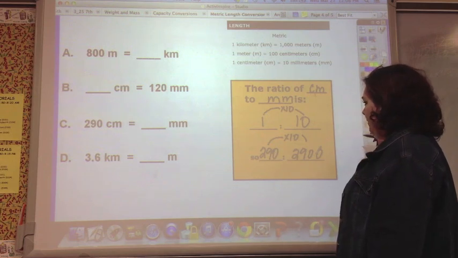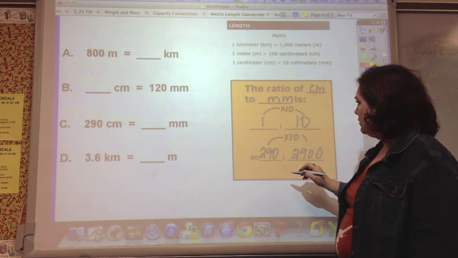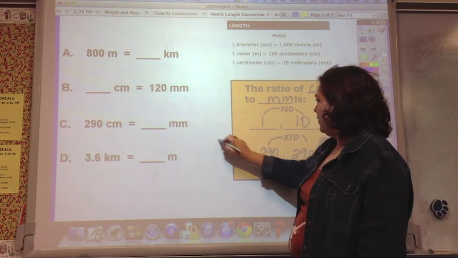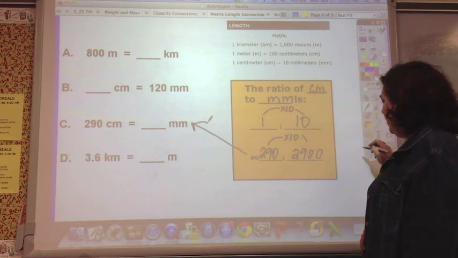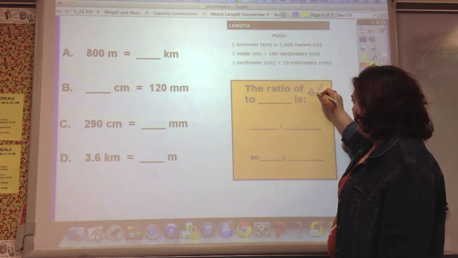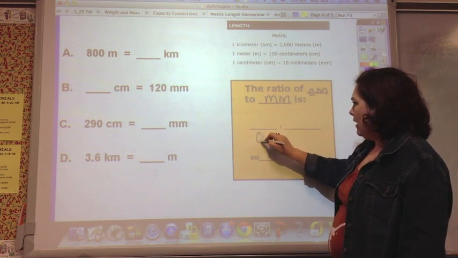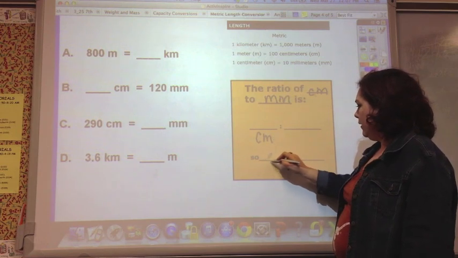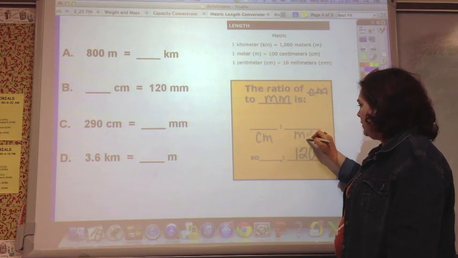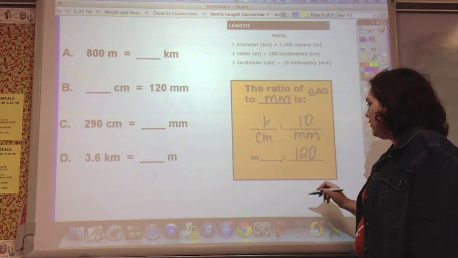And then this one. So if I work backwards and I say centimeters to millimeters, and I've got blank centimeters to 120 millimeters, and my relationship is 10 millimeters to 1 centimeter.